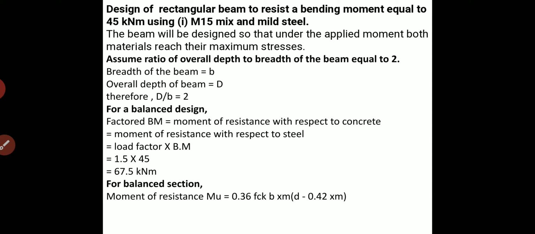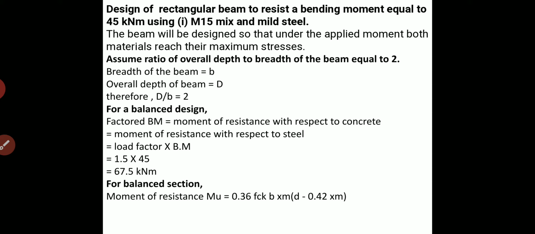In this question, the given bending moment is 45 kilonewton meter, concrete grade M15 and mild steel, which is Fe 250.